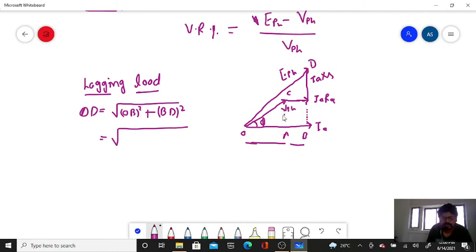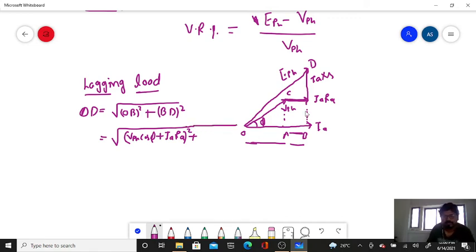OA, with this small triangle, we can write as VPH cos phi. So OB we can write as VPH cos phi plus AB. AB is the same as this one down here, that is IA RA. So it will be (VPH cos phi plus IA RA) square plus BD.